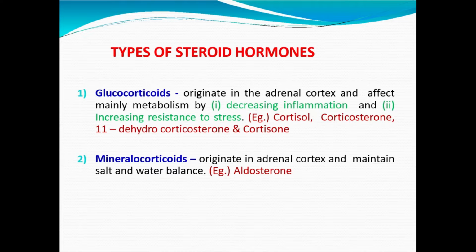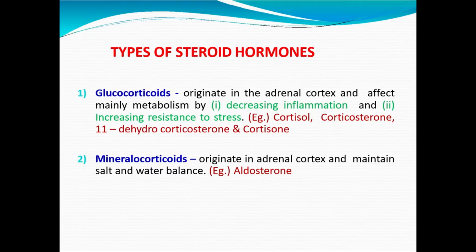Glucocorticoids also help to maintain normal blood pressure, and their anti-inflammatory and immunosuppressive actions are useful in treating rheumatoid arthritis and preventing the rejection of transplanted organs.